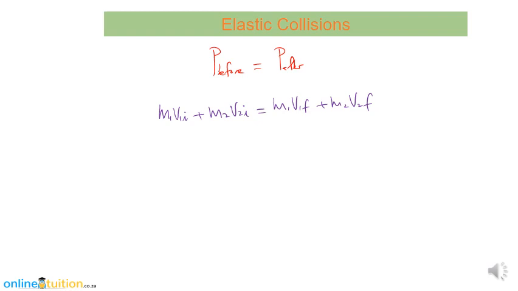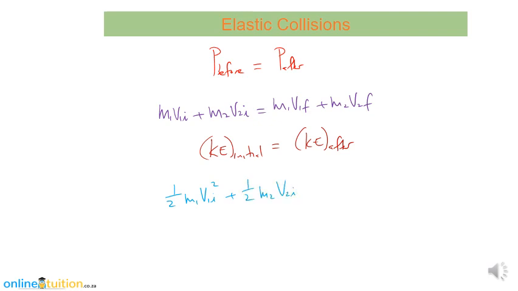Now, in the same breath, let's write down kinetic energy. So I would say KE initial, or some people say EK, is equal to EK after. And what can we write down mathematically in this beautiful blue? Kinetic energies are half m1 v1i squared plus half m2 v2i squared, equals half m1 v1f squared plus half m2 v2f squared. This is very bad notation. I've never understood why they use such a messy notation, but they use it.